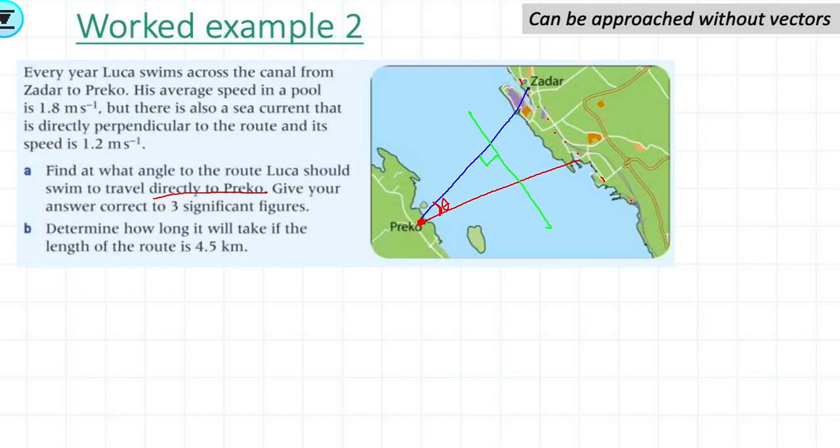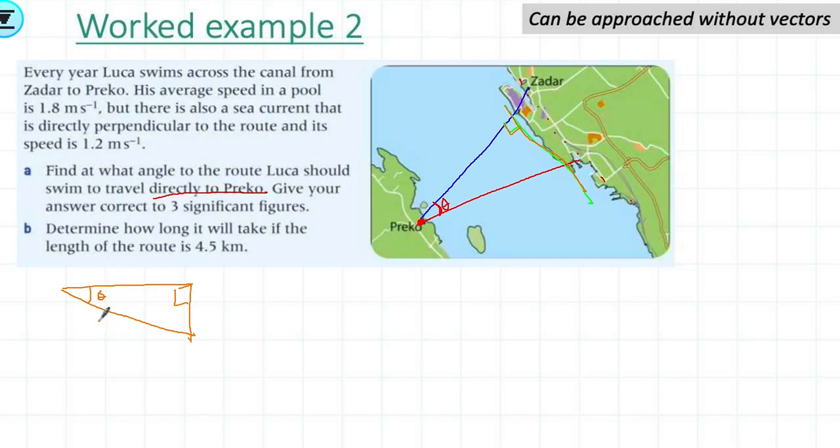So if I make this setup and I just assume that the current is here at the very beginning, because that's when he sees the current also. Let me just make it darker. This is 90 degrees. We end up with a right angle triangle here that we can use easy trigonometry to solve. So this is the angle we're looking at.